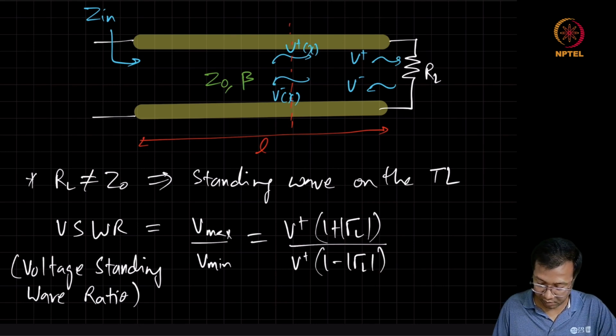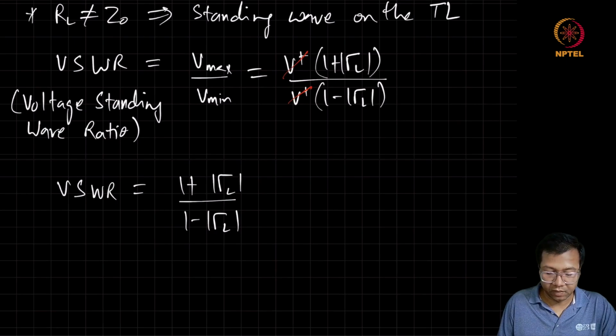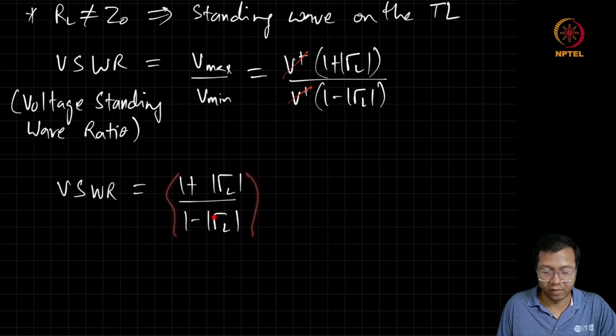So VSWR is a positive number, with a minimum value when gamma L becomes 0. The minimum value is going to be 1, which means there is no standing wave on the line. And the maximum value will occur when the magnitude of gamma L is equal to 1.